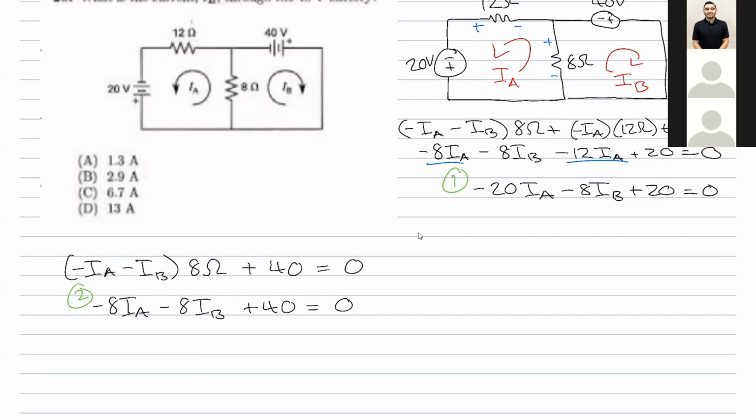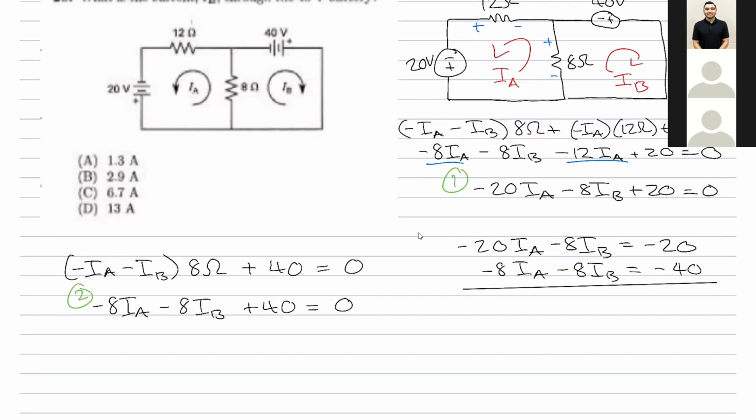Okay, so elimination, putting them right on top of each other and seeing what happens. So we got negative 20 IA minus 8 IB equals negative 20, over negative 8 IA minus 8 IB equals negative 40. Okay, put that one over the other. I would say multiply this by negative 1.